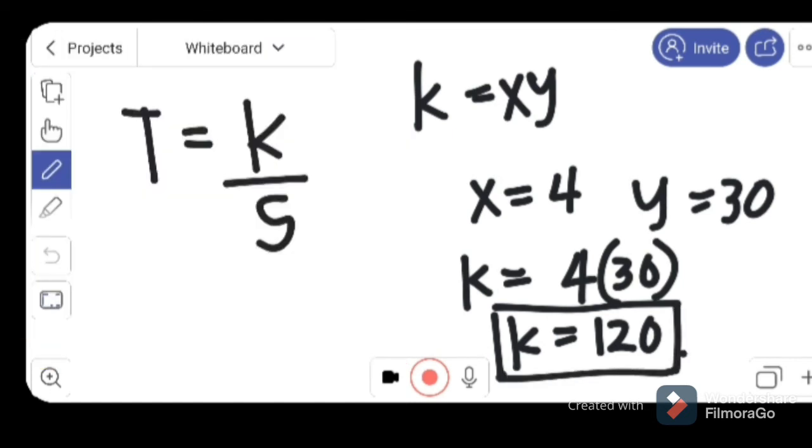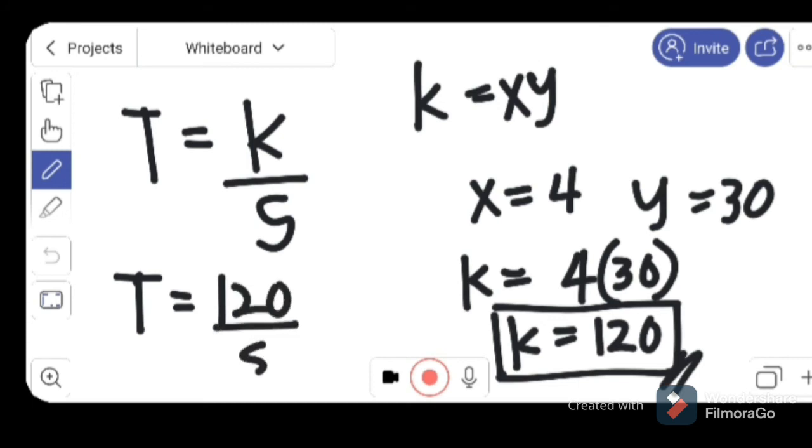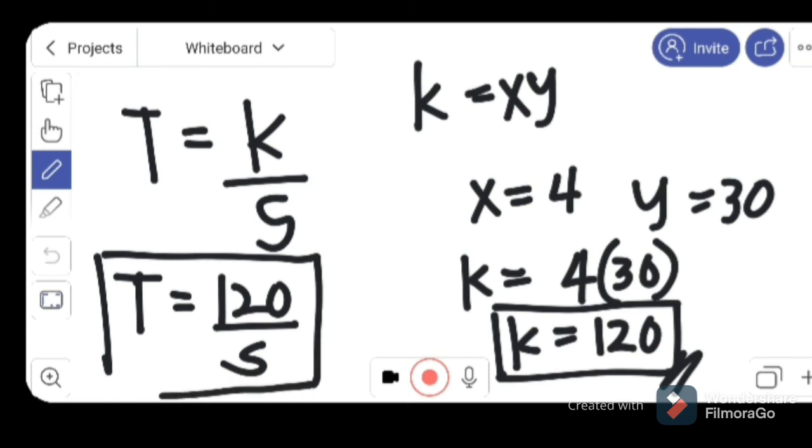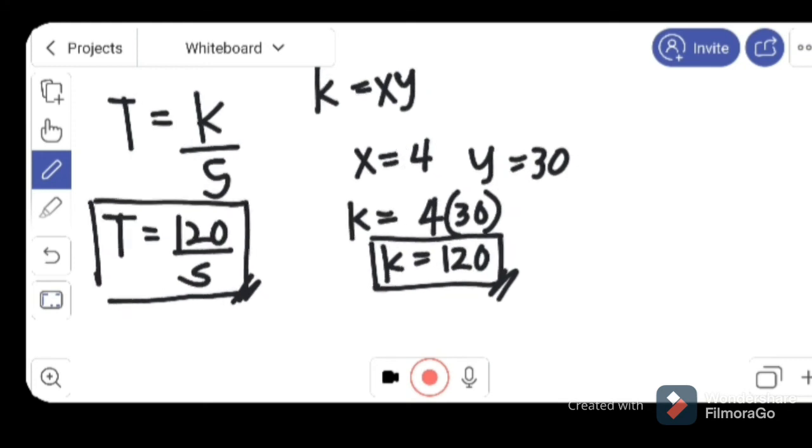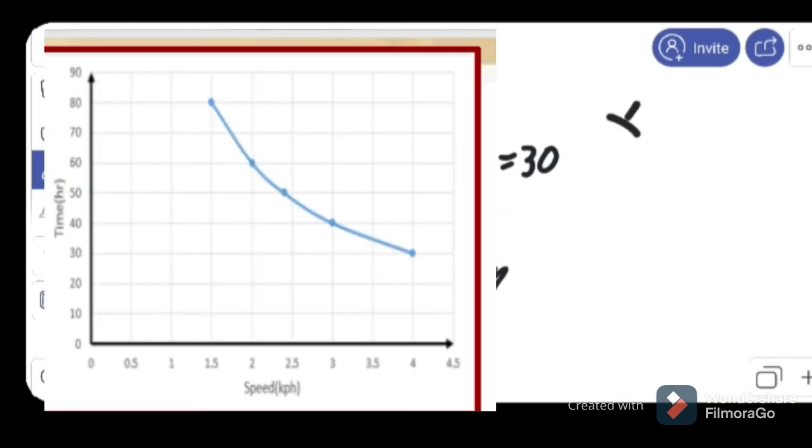T is equal to 120 over s. This is the equation represented by the graph. Let's check one more if it's really k is 120. When x is 2, what is your y?